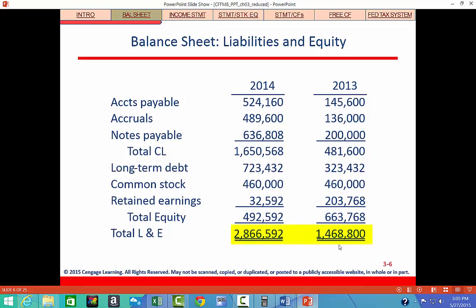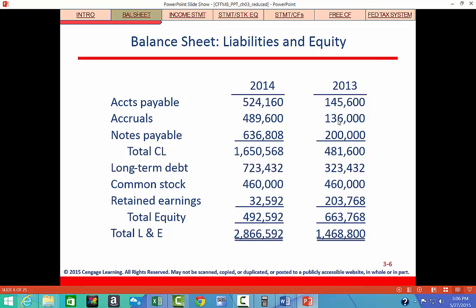And if you notice, these totals down here are equal to the totals on that assets portion of the balance sheet because they have to equal each other. So if we look at accounts payable, this is them paying their suppliers. That has dramatically increased because, as we saw, they haven't been paying their suppliers on time because they probably can't. And so that's increased to 524,000.